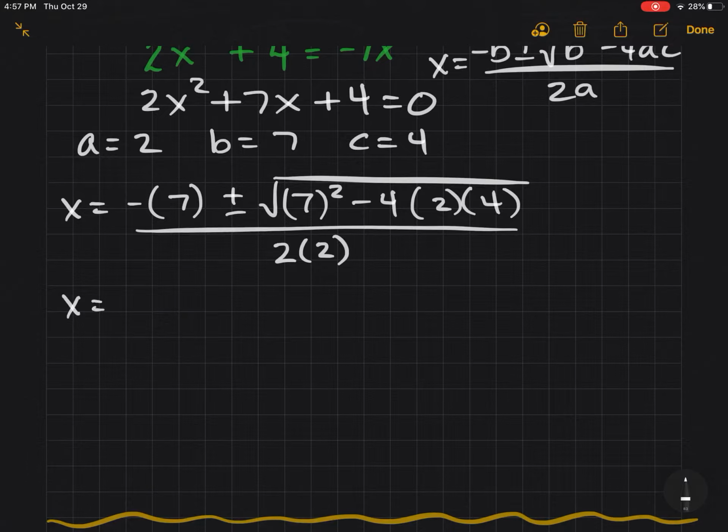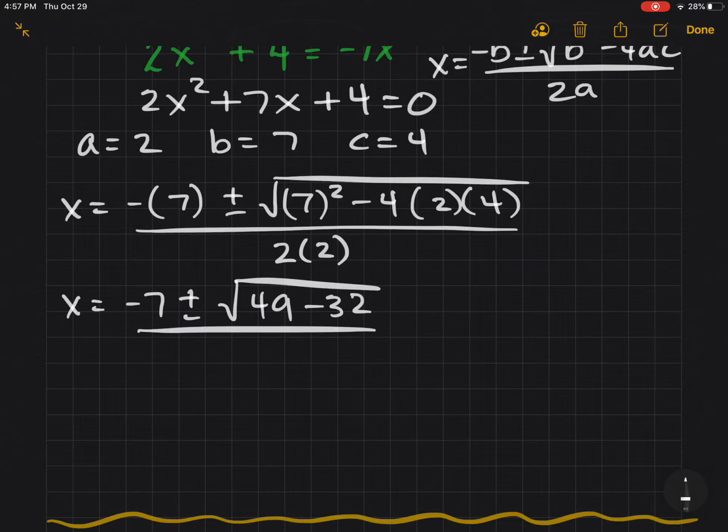So let's see. Negative 7 plus or minus the square root. That looks like 49. That's going to be 8 times 4 minus 32 all over 4. So negative 7 plus or minus the square root of 17 over 4.